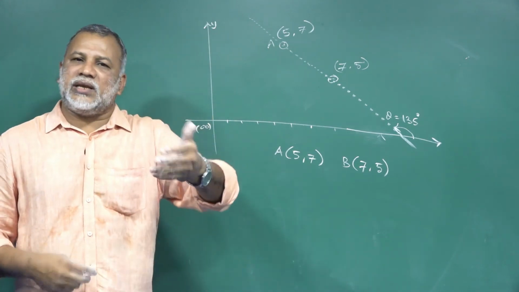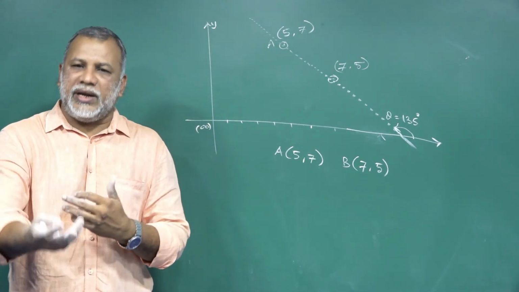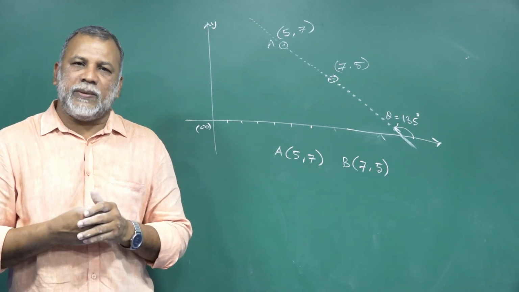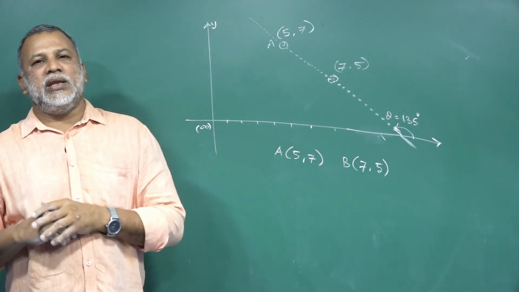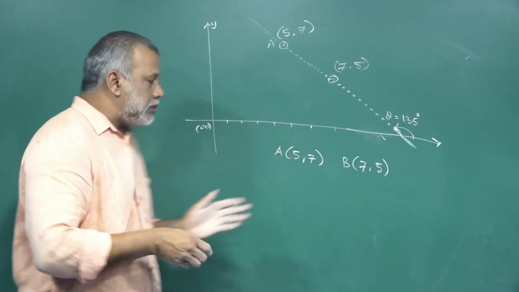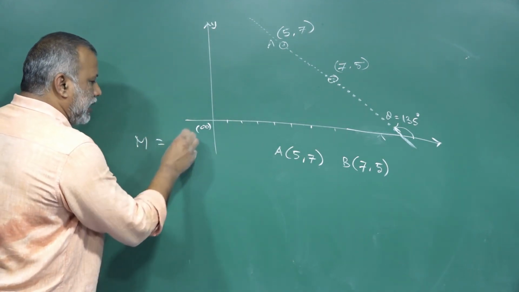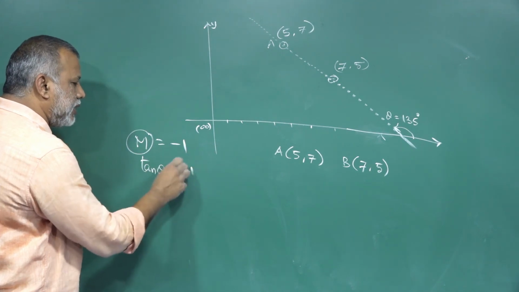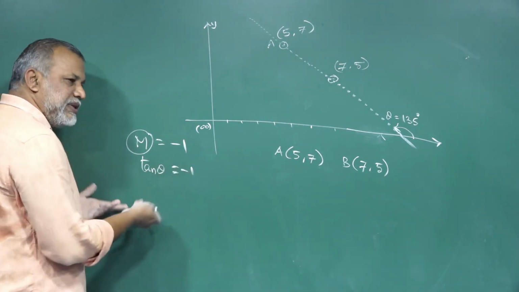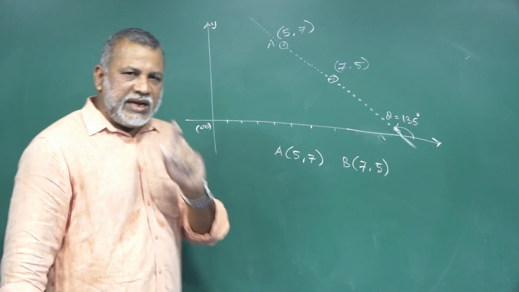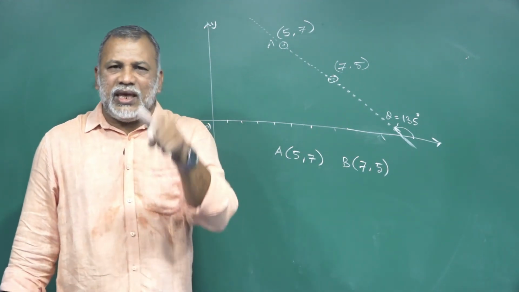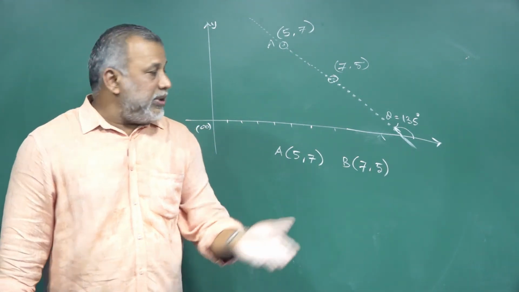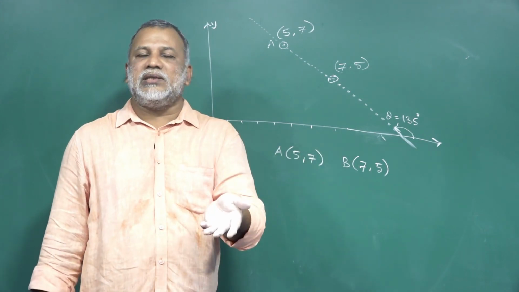Now in your higher secondary, we use some more concepts. Find the angle of inclination. With the help of slope m equals minus 1, immediately relate that slope is also tan theta equals minus 1. Then, as already studied in trigonometry, tan is negative, therefore theta lies in the second quadrant. Second quadrant means 180 minus theta.